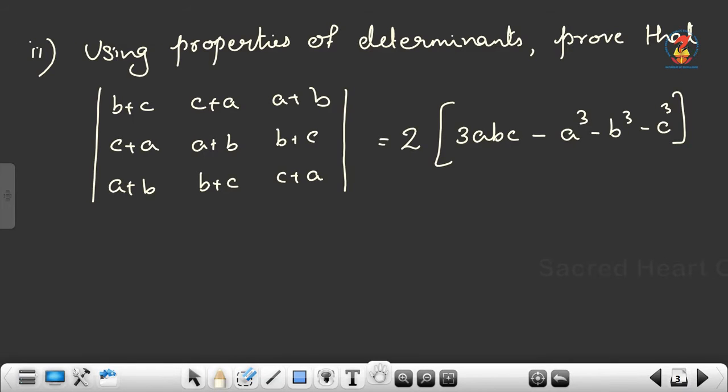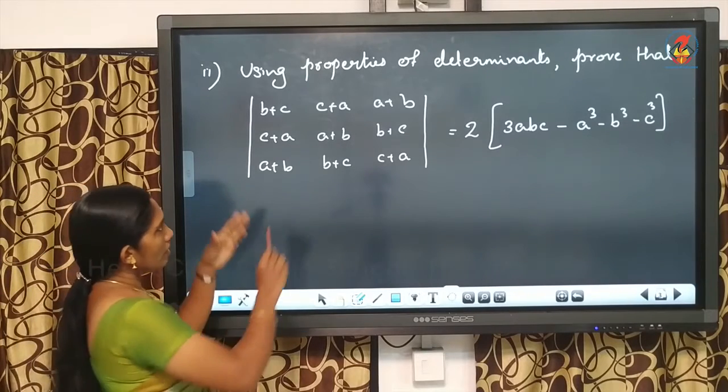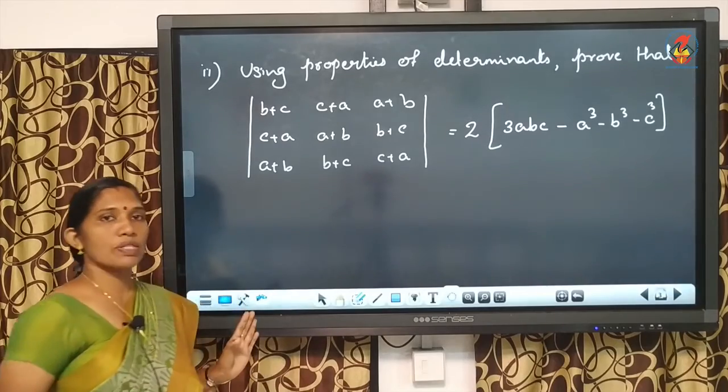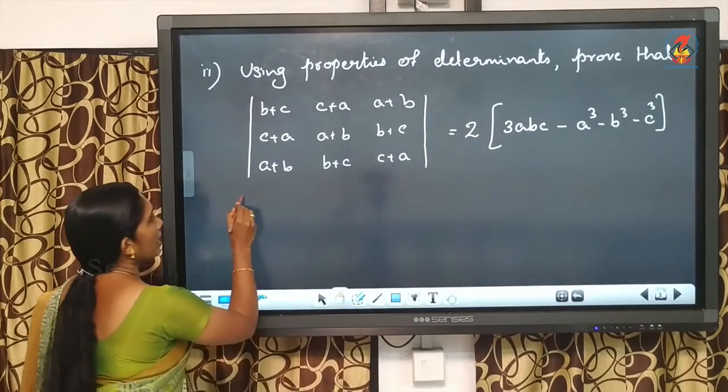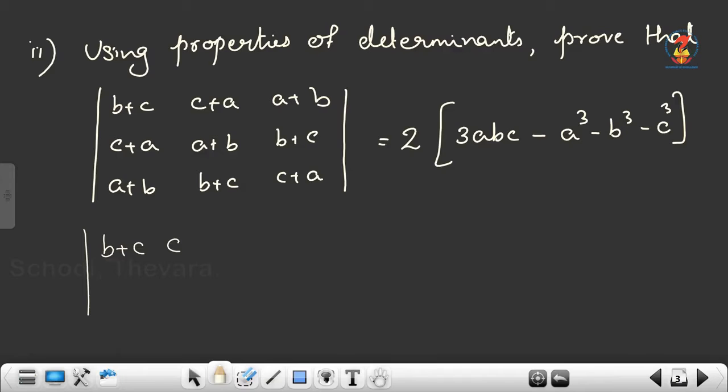So we proved. Okay. Now the same type of question. The determinant is the same as in the previous question. Using properties of determinants, prove that this determinant is equal to 2 into 3abc minus a cube minus b cube minus c cube. So this determinant, like in the previous question, we can simplify. Here I am not writing all the steps.